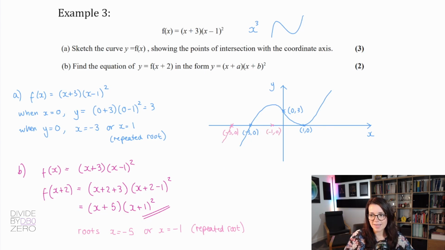Something like this if you sketched it. So you can see that actually the effect is that we're moving left by 2. And that could be a way of checking your answer, looking at the original transformation here, y equals f of (x plus 2), inside the brackets. That in fact is a movement of left by 2.